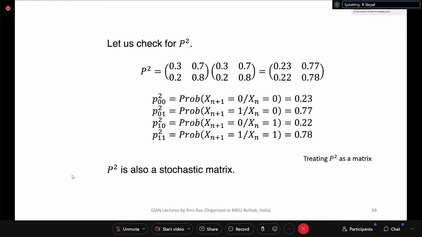The probability of making a transition from the state 0 to itself by going through which? What could be the meaning of the square here then? Yes, this 0 to 0. So 0 to somewhere is one step, and from there to 0 is the second step. So what is that somewhere?